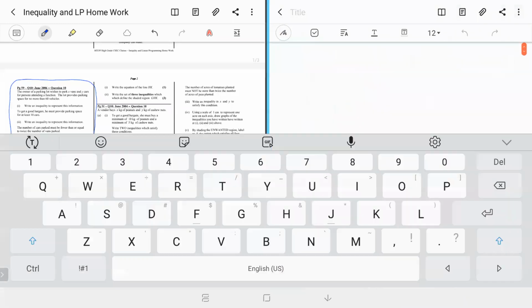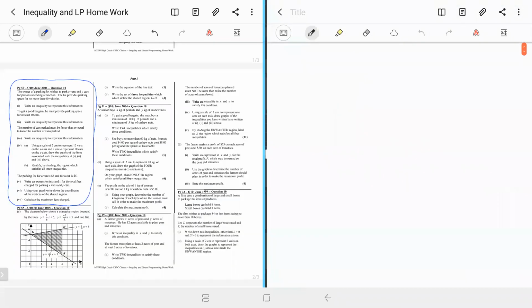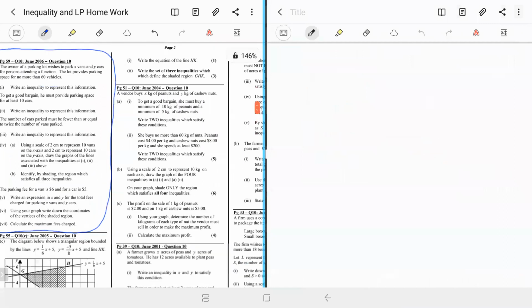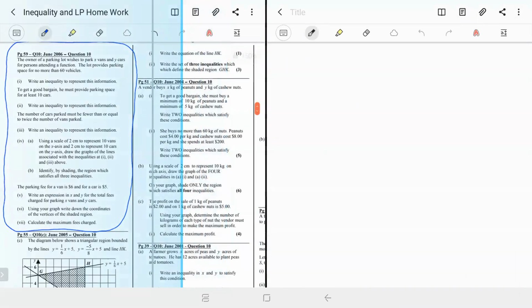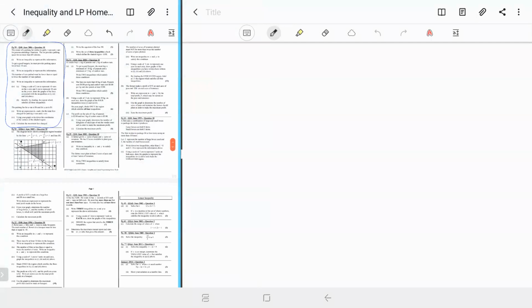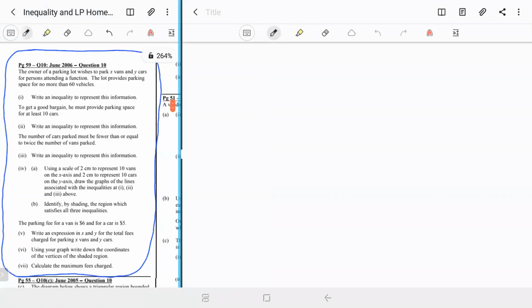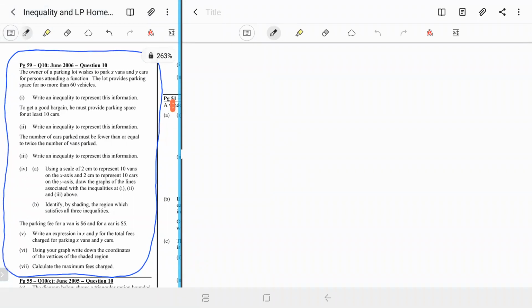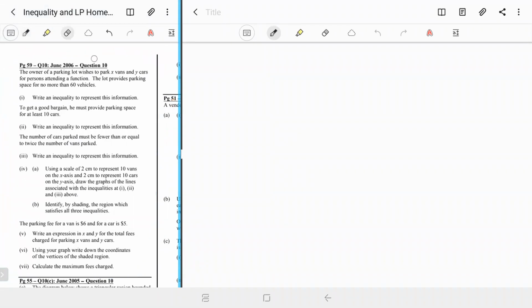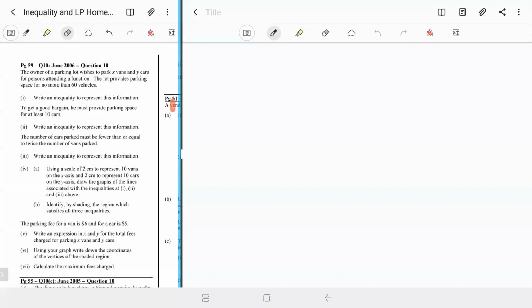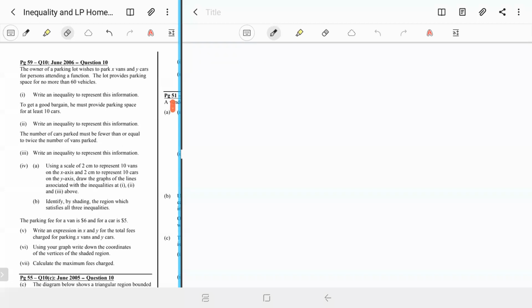All right, good. And let me zoom this up so everybody can see it. All right, so this is the one that we're doing now. Good.